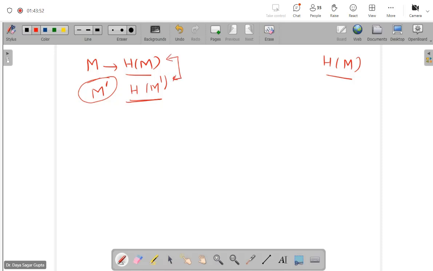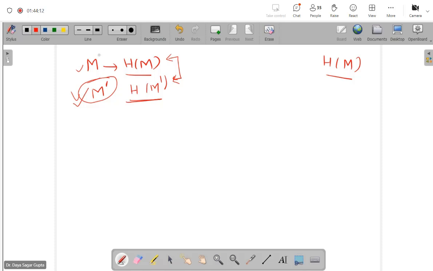This is the property of a hash function: two different messages cannot have the same hash. So the user can detect that there is a message mismatch, and I am not going to accept this message.